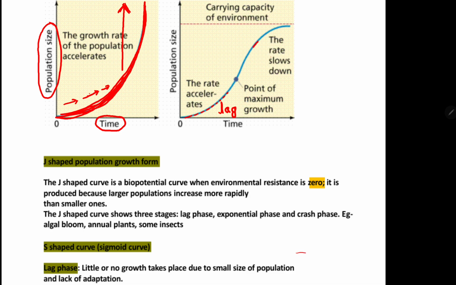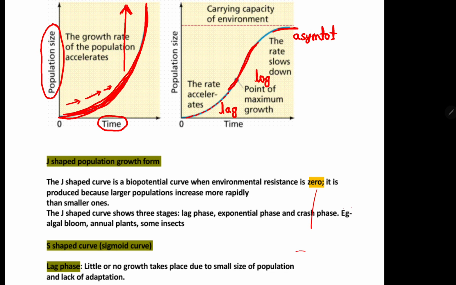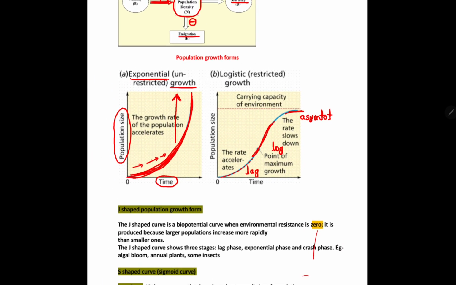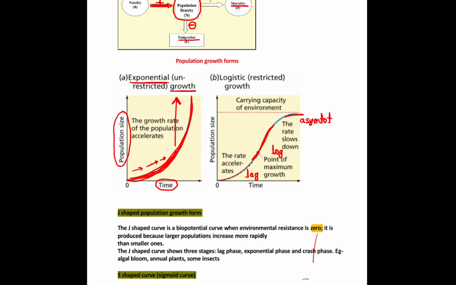Then population growth will become very fast, that is called the logarithmic phase. And a time will come when the population will stop growing, this is called the asymptote.